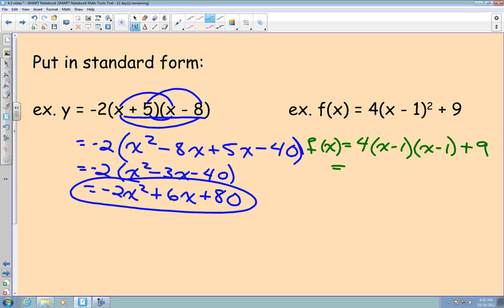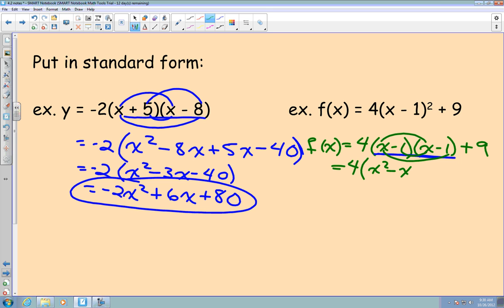Okay, so now when you look at that, there's a lot going on. So what we're going to do is focus on the binomials first. Leave everything else alone. So I've got 4 times first terms, x times x is x squared. Outer terms, x times negative 1 is minus x.